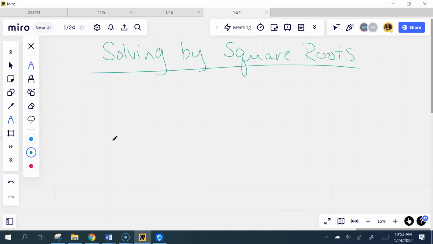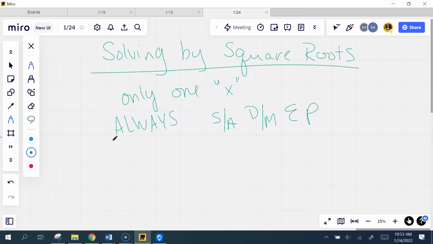When you find yourself in the situation where there is only one x in the problem, x squared, 5x squared, 10x squared, or 2x, 3x, we're going to SADMAP our way out of it. Have you guys been taught SADMAP?